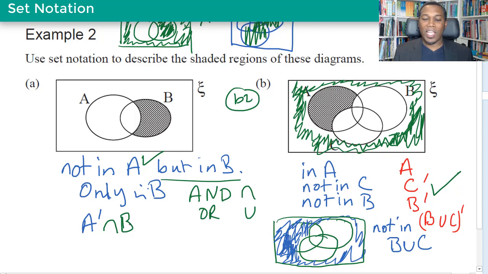We said A prime intersection B. This time it's B union C prime, because two circles combined are being left out, but it has to be in A. So what would we write as our final answer? It's B union C prime intersection A. How do you feel about that? B union C prime intersection A. That's what we're doing there. That's what it is.